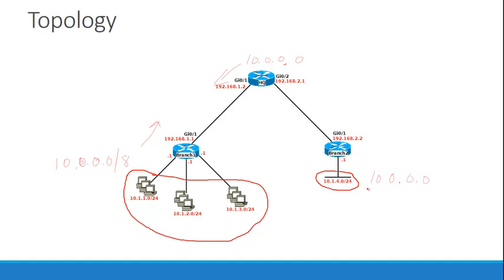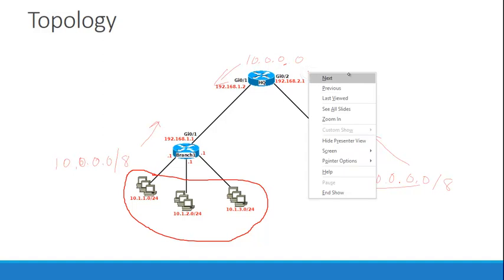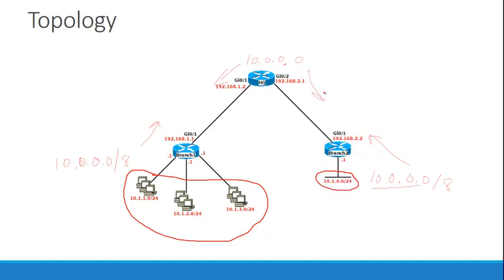This guy here on this side now is also advertising out the 10.0.0.0 network, right? So now HQ also says, well, if I want to get to anything in the 10.0.0.0 network, it's got to be that way. I hope you can visualize the confusion that's going to happen here. If it happens to go the correct way, so let's say I want to ping 10.1.1.0 and it happens to choose this route, it may actually get a response.